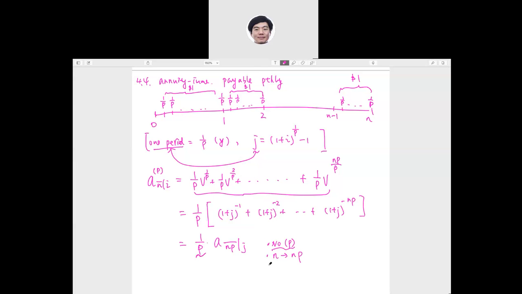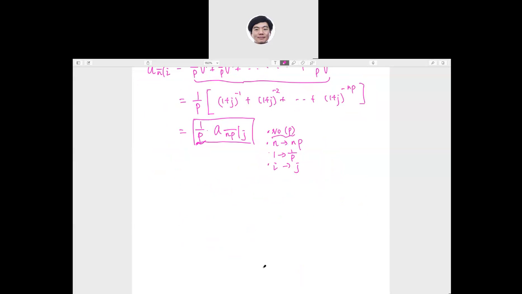So the amount goes from 1 to 1 over p, and finally the interest rate goes from i to j. Personally, I prefer to do this, because we are very familiar with the standard annuity immediate, which has a built-in formula in your calculator. But of course, you don't have to take my method.